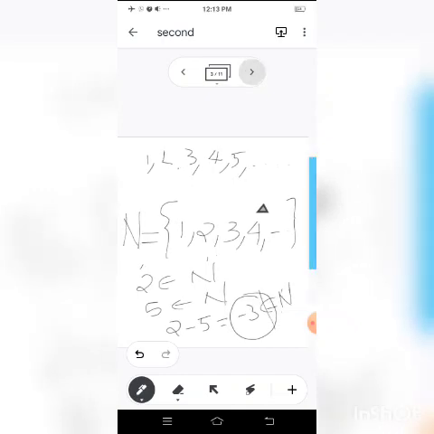So, to define subtraction, we must extend our system to the integers. What are integers? Integers are denoted by the letter Z: ..., minus 3, minus 2, minus 1, 0, 1, 2, 3, etc.